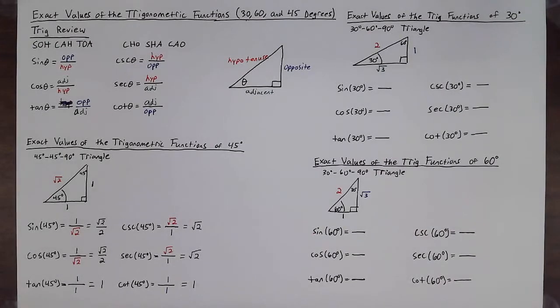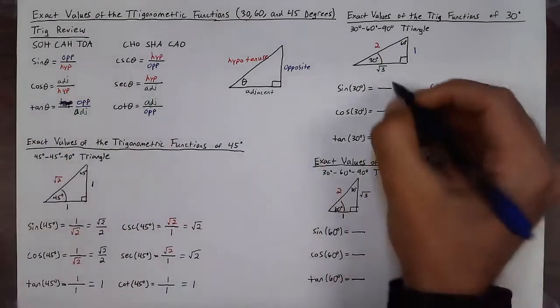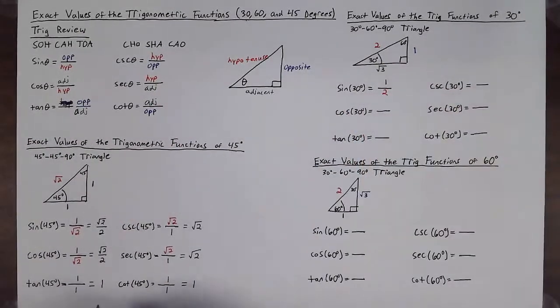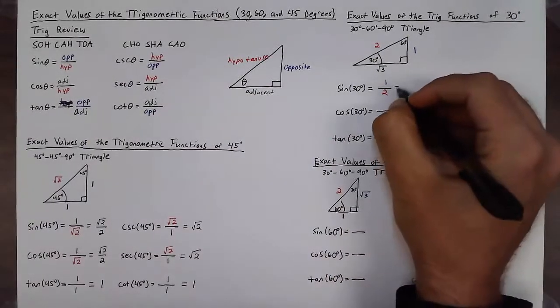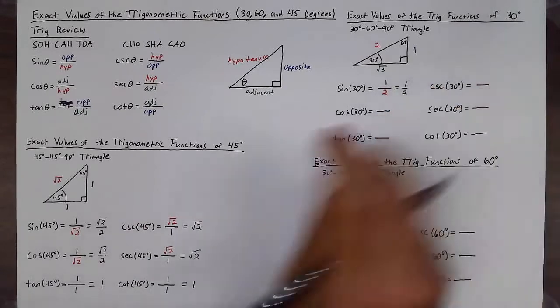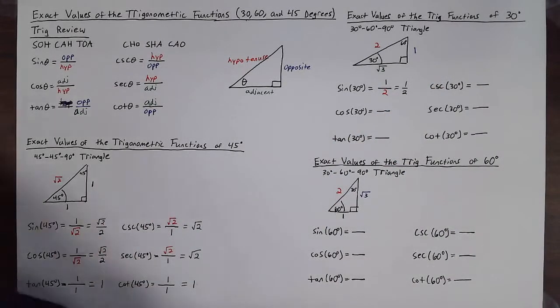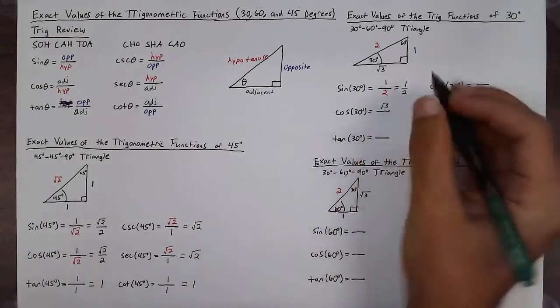And I can use these to find the values of sine of 30 degrees, which in this case is going to be 1/2. Very straightforward. Now you'd think with the pattern we saw in the last one that maybe cosine would be the same value, but it is not. This time it's going to be the square root of 3 over 2.